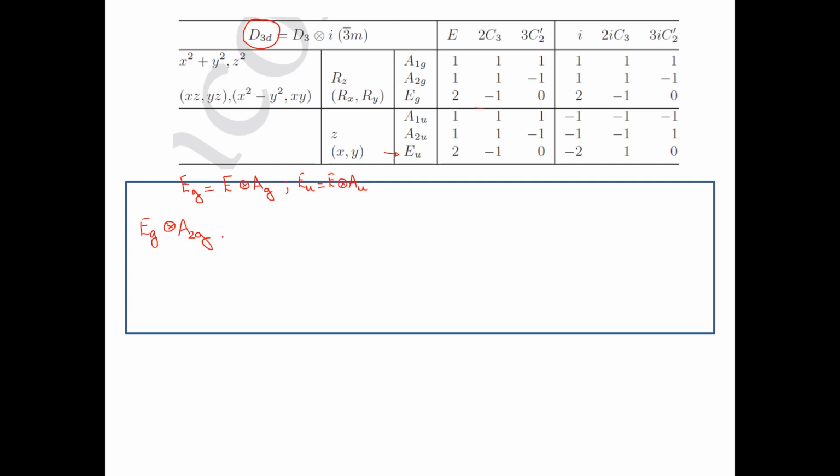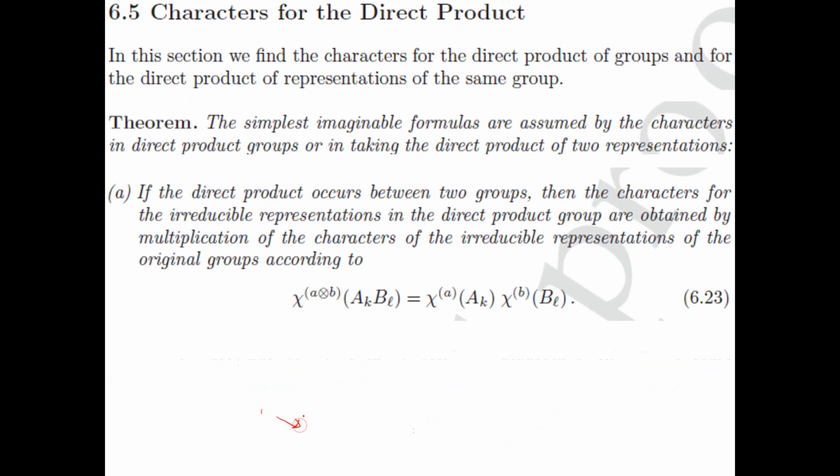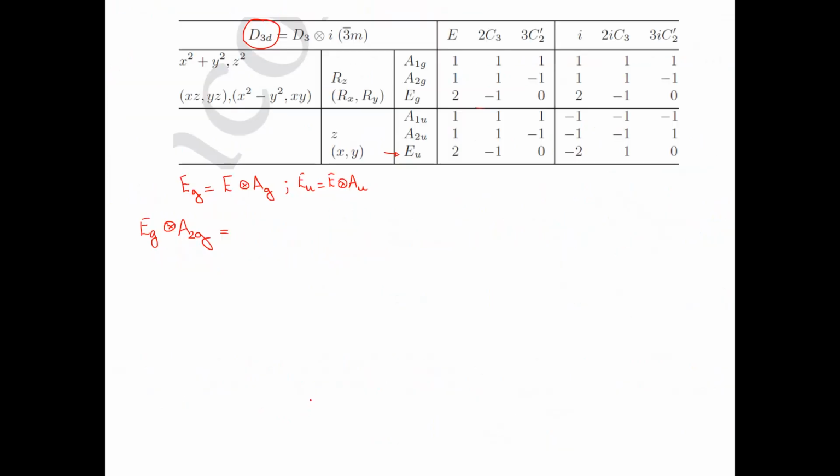Okay? So if you want to find the characters, we can basically use this theorem that we have stated here. You just multiply the characters of both representations. So when you do this, basically A2G is 1, 1, minus 1. You have to multiply by 2, minus 1, 0. So let me write this here. Let me go back here.